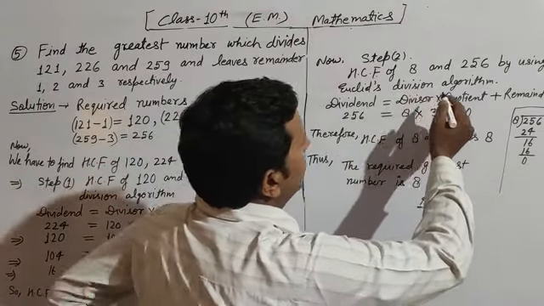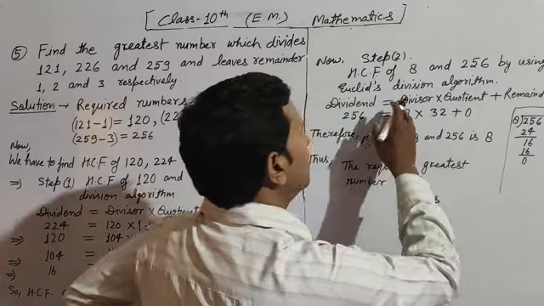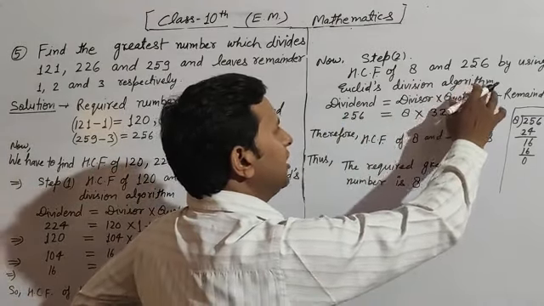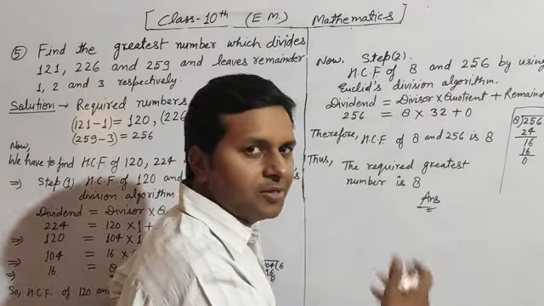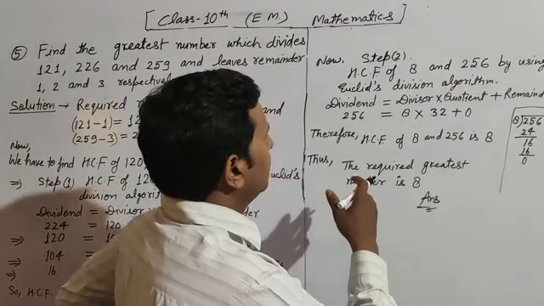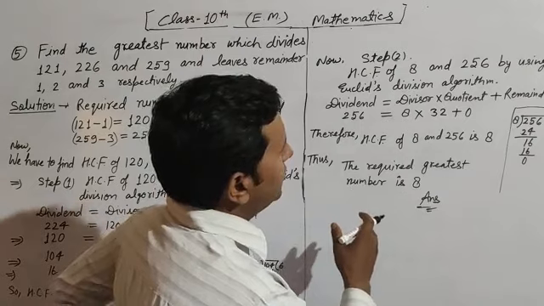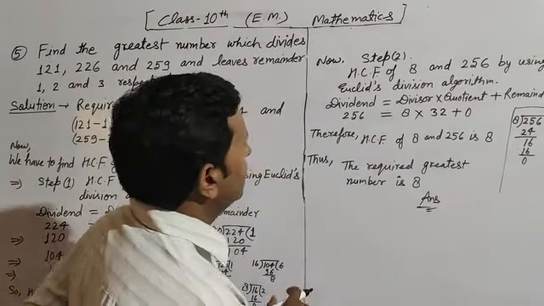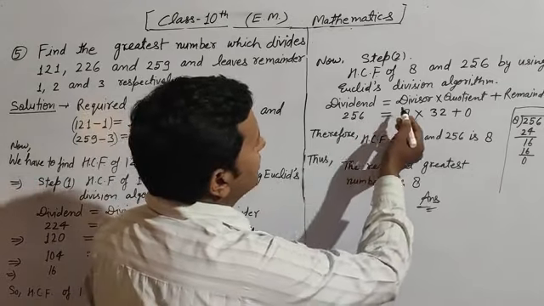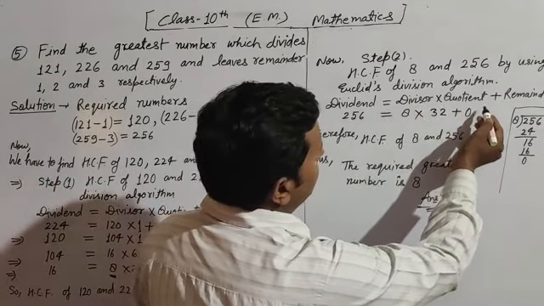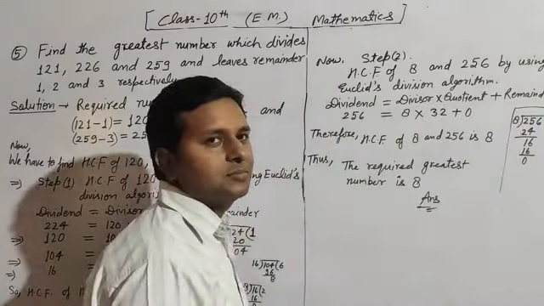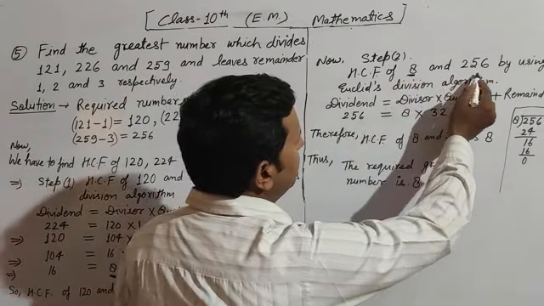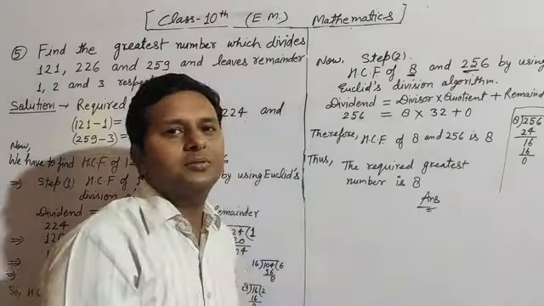HCF of 8 and 256 by using Euclid division algorithm. It is not necessary to write always every time, but for your study, for your good study, I have written here. Okay? Now, dividend is equal to divisor into quotient plus remainder. This is the formula. Now, we have two numbers, 8 and 256.